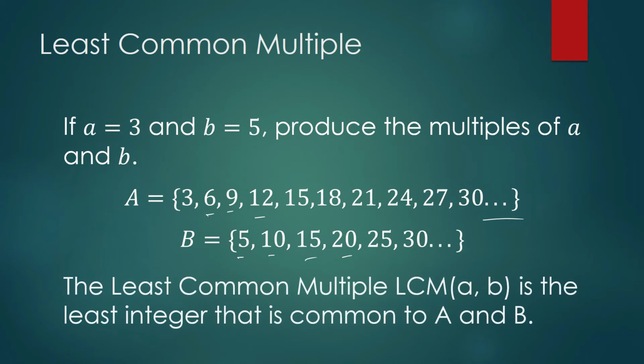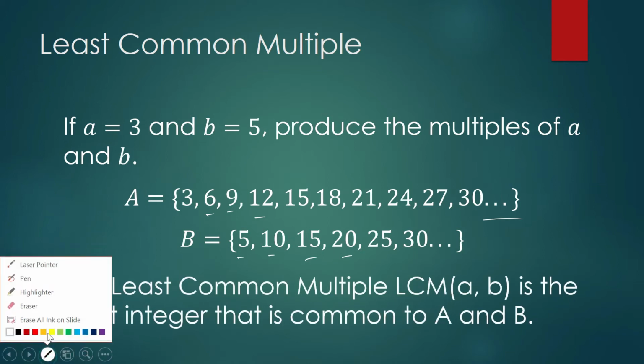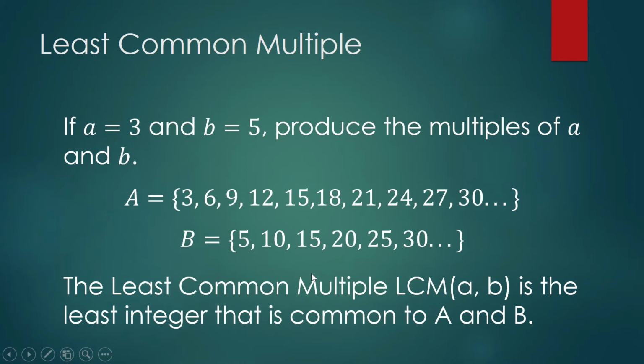So what then is the LCM? What is the least common multiple? What you do is you look for the common multiples and you choose the least among them. Between set A and set B, the common multiples are 15, 30, and this goes on.